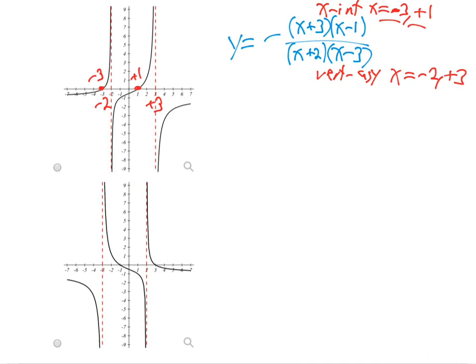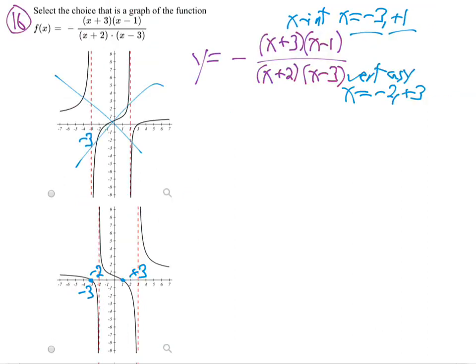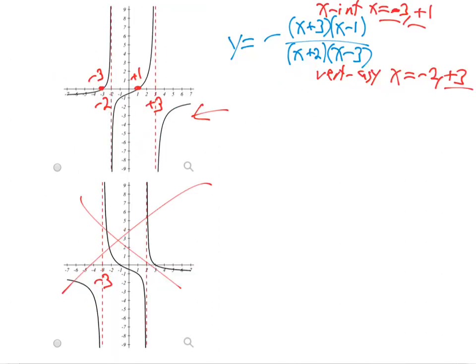How about this one down here? This is -3 for a vertical? No, it's supposed to be +3. No. So that one's out. So we have two options left. It's either this one or it's this one. How do we know which one? We got to check the intercept on this one. So how are we going to do that? Well, it's kind of hard to tell, isn't it?